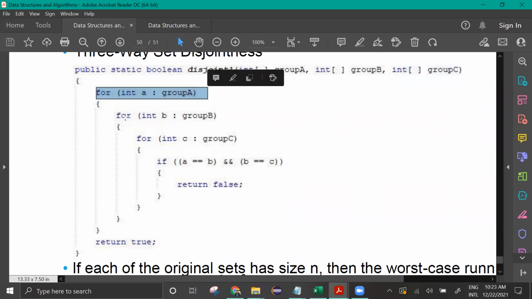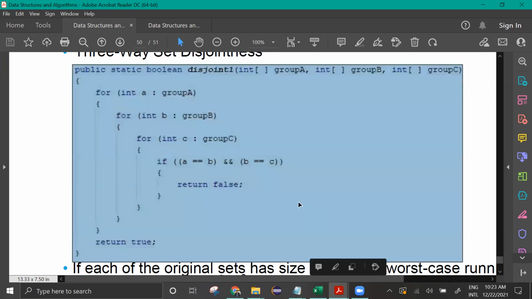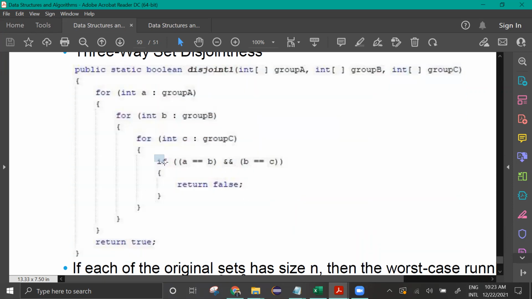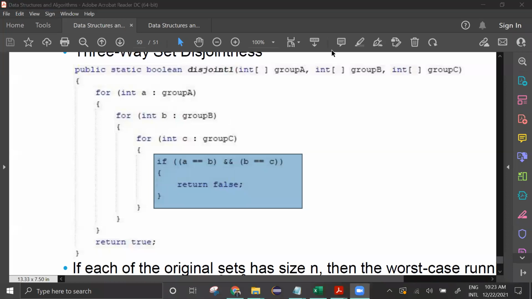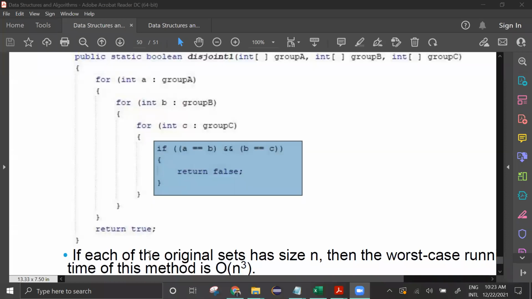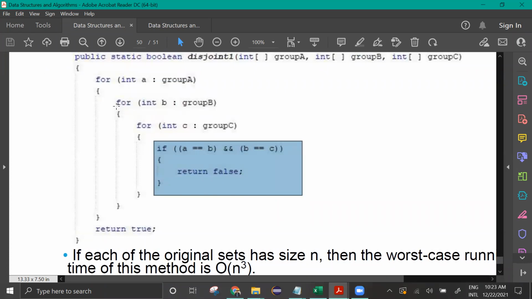Right, so we have 3 for loops, right? Yeah, it is obvious. It is n cubed. If each of these original sets has size n, then the worst case running time would be n cubed.